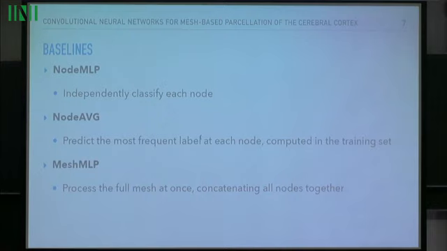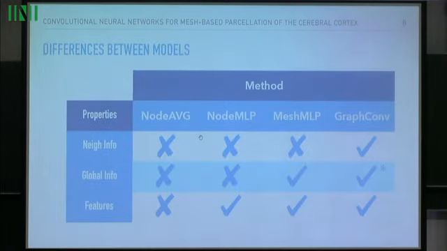Okay, so by using these, we can see whether there's any benefit to not exploiting the statistics and whether it makes sense to take the whole graph at once or actually use the graph structure. Here you can see a comparison of a few of the properties of these methods. The node averaging technique doesn't do any learning, so it doesn't have access to any of this information during training.